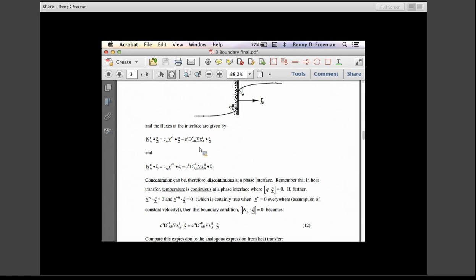So we can replace J sub A with this expression. Likewise, with the flux in phase 2, we can use the expression that's shown here.